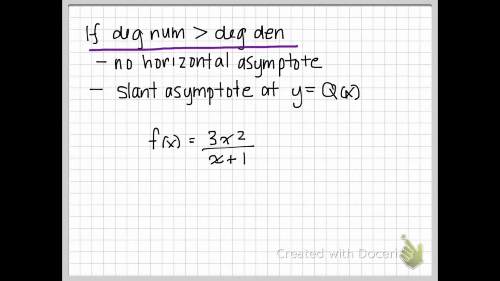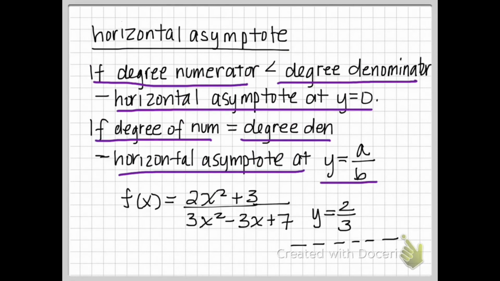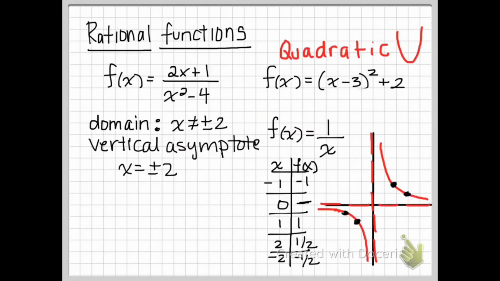All right, that is degree of the numerator is 2, degree of the denominator is 1, so there is no horizontal asymptote, but there is a slant asymptote at q of x. And I will examine this possibly. You might be able to find that I have another video that specifies that. So we're not going to deal with slant asymptotes in this video. What we are going to do is go back here and do our horizontal asymptote.